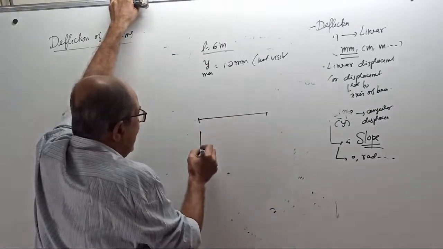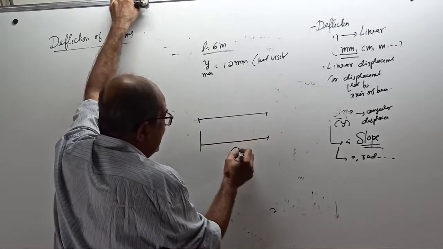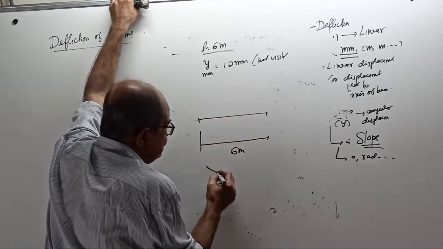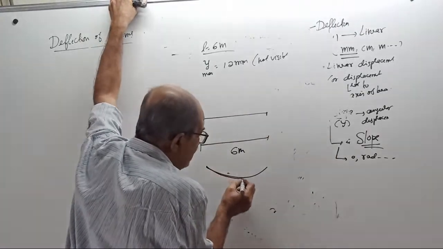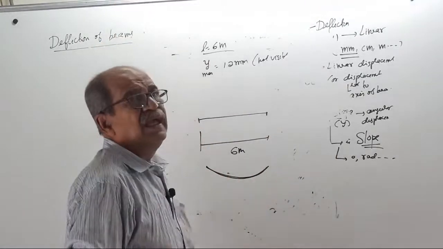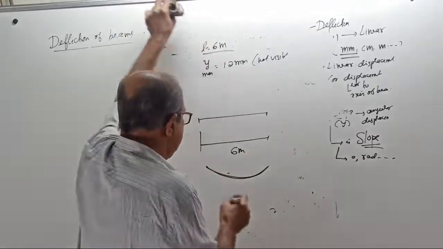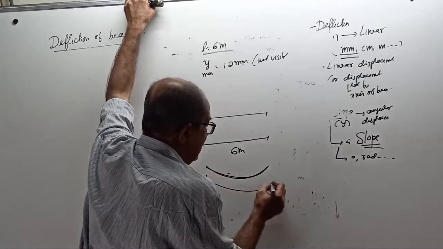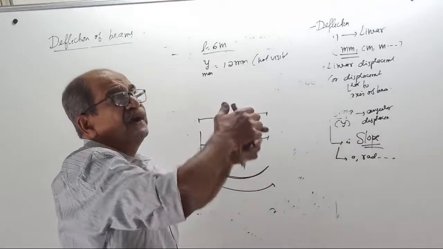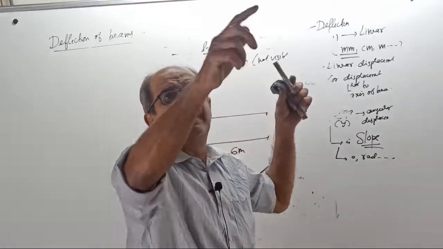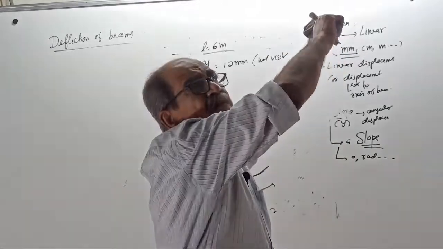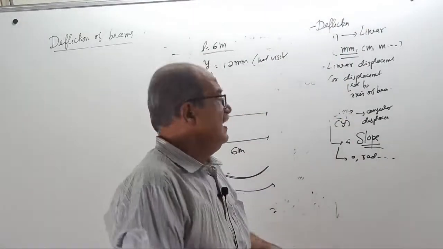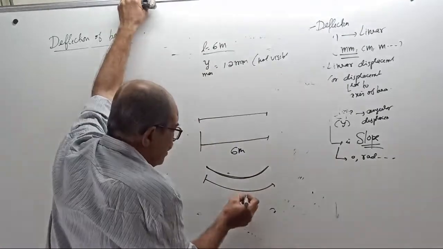Suppose this is the beam. You measure horizontally. If it is 6 meter, suppose the beam bent this way, exaggerated. You take a tape along the deflected curve. Tell me how much measurement will come. First you measure the horizontal distance, the span, before deformation. Then after deflection, put a tape under the beam. Almost equal to what?